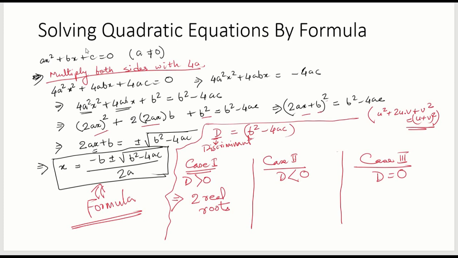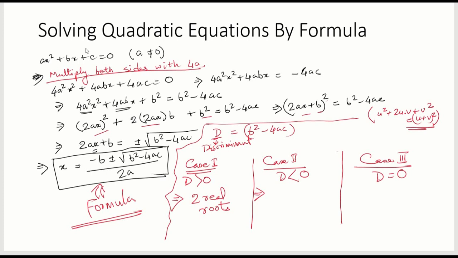Let's say d is less than 0. What will we get if d is less than 0? You see, if d is less than 0, then under the square root, let's say it is minus 5, you cannot find the square root of minus 5, right? You cannot find the square root of any negative number.